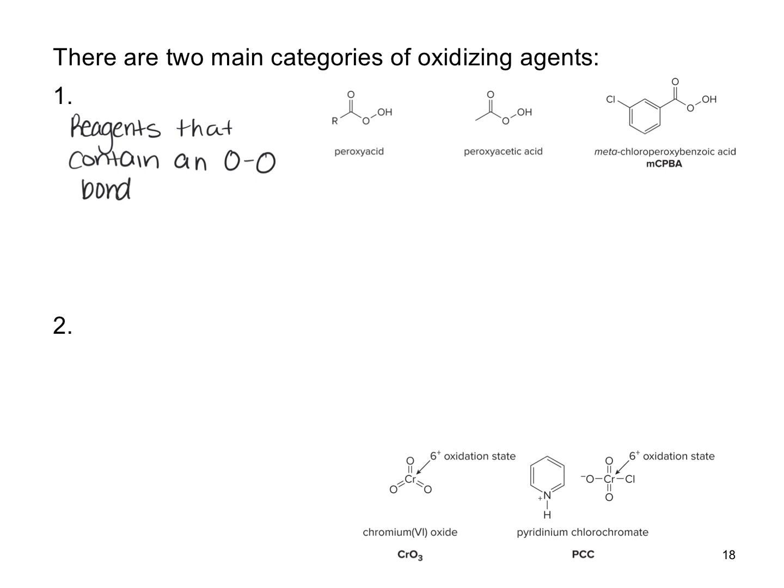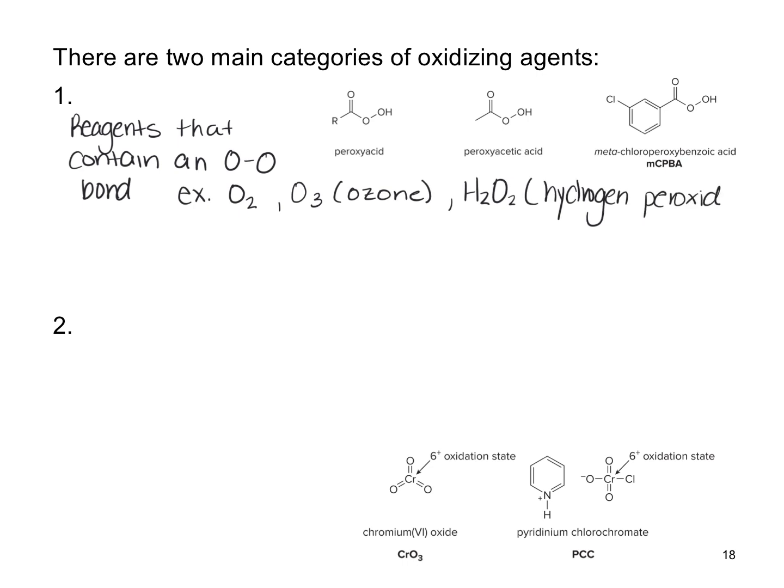And so these include things like O2, or ozone, which is O3, or hydrogen peroxide, let's see, tert-butyl. Trying to give you some of the common ones here.